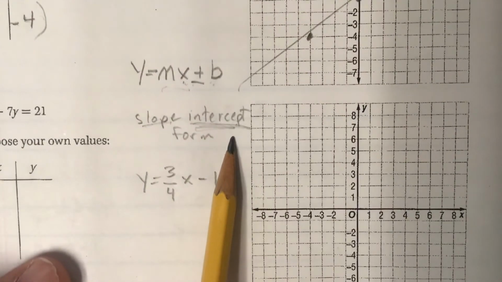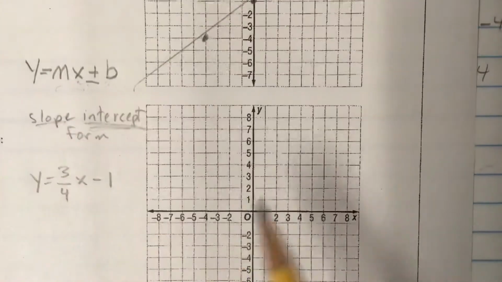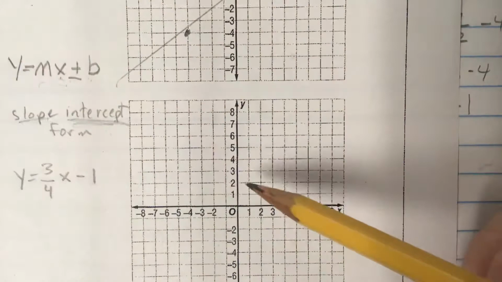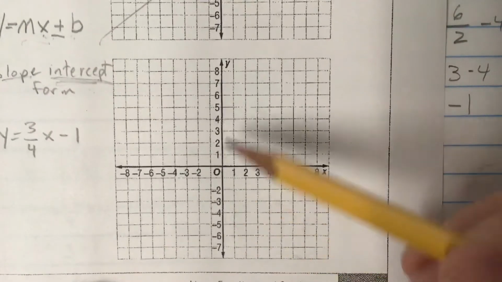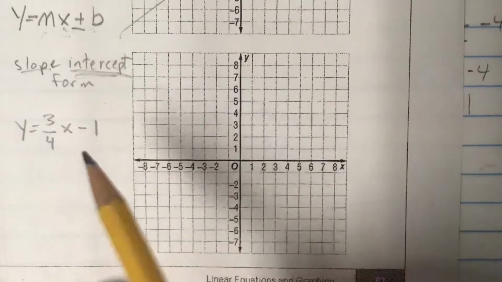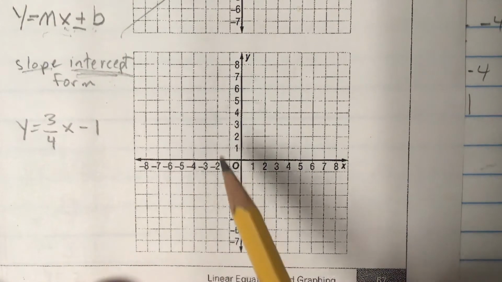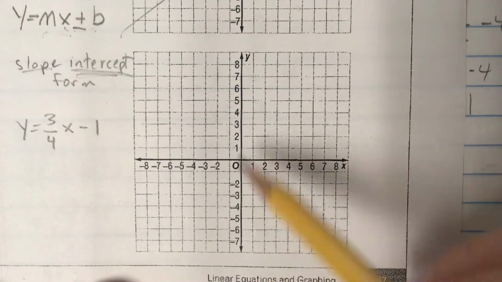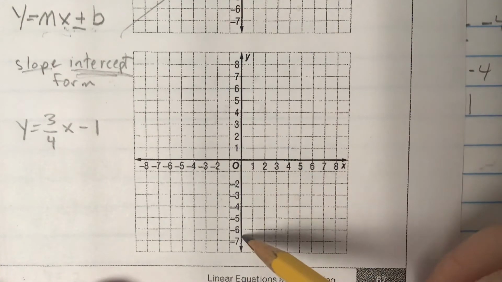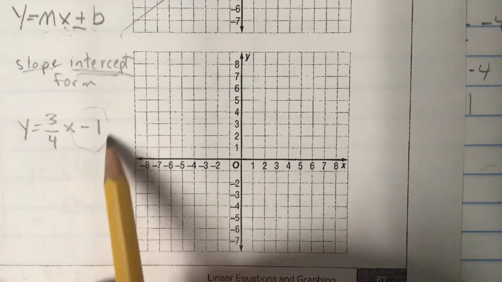Now, what is the y-intercept? The y-intercept is where this line is going to cross the y-line. So we have this equation that we're going to be graphing, and it says the y-intercept, which is on the y-line, is going to cross at -1.